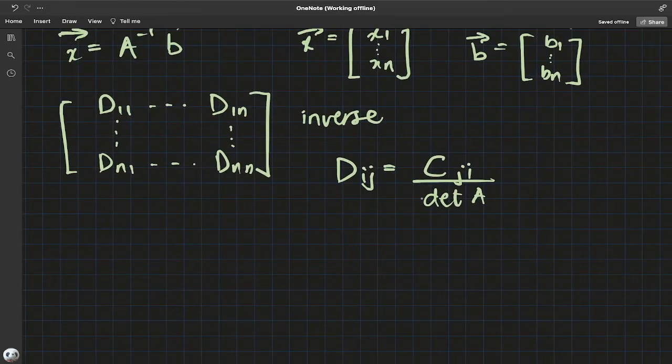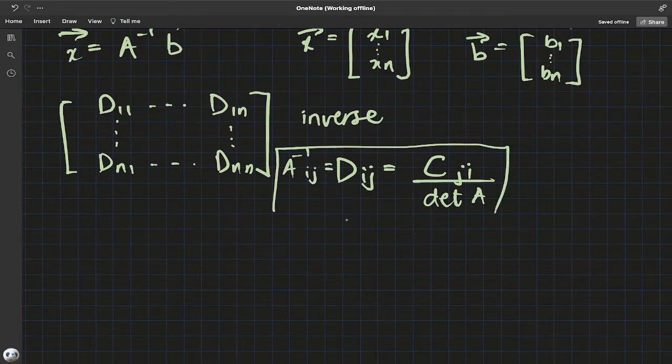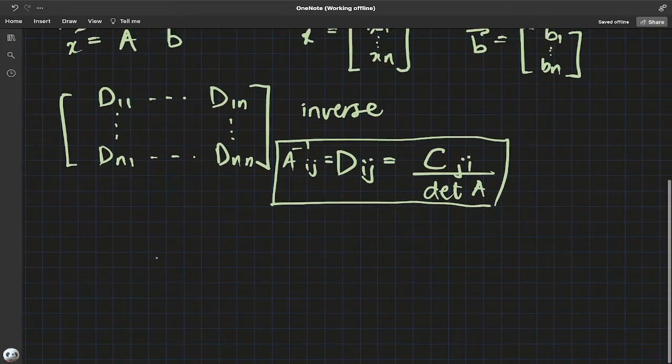And why does this work? Well, this is say A inverse, right? This is A inverse sub ij, for example, just to be a little more consistent. Why does this work?